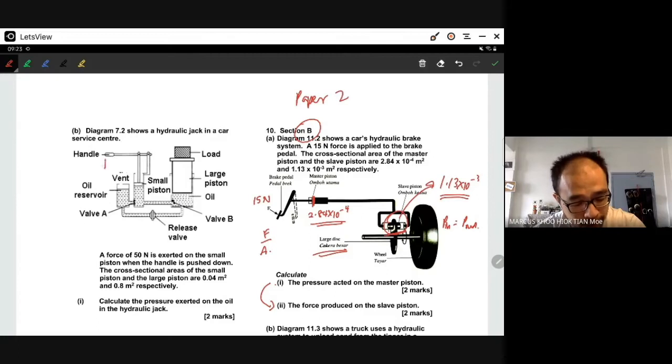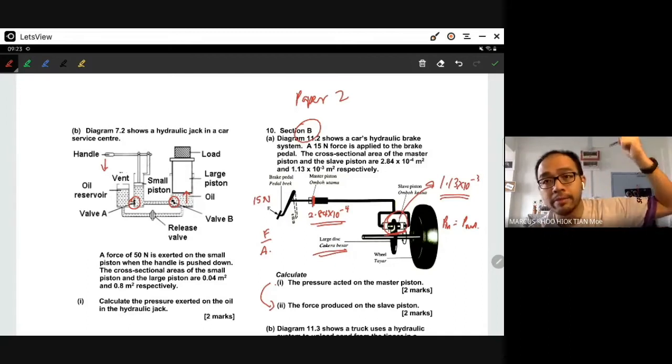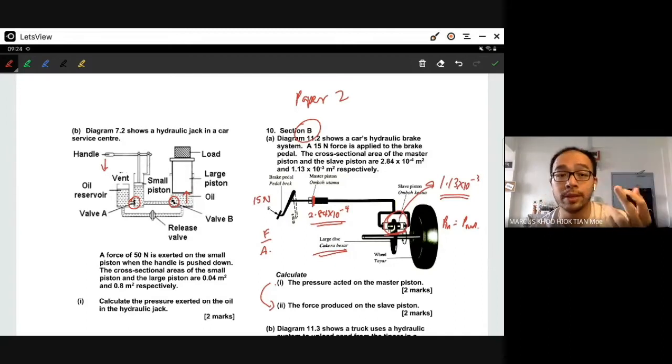Okay, when we push the handle down, A will close and B will open, and so the oil will push the large piston. Then when we pull up the handle, it will be the opposite. B will close, and A will open.